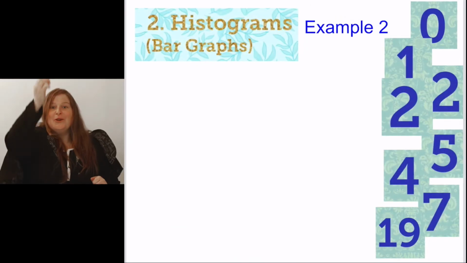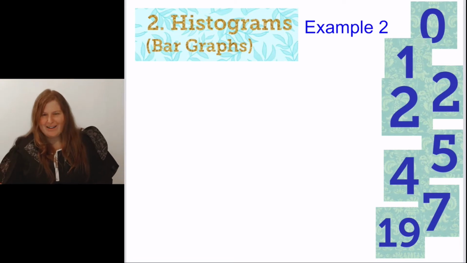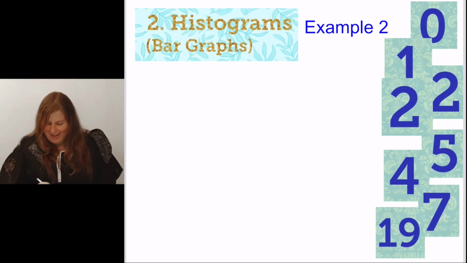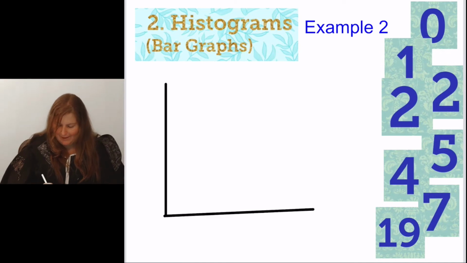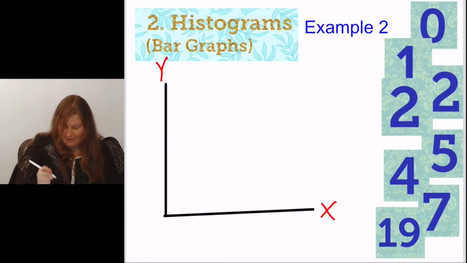Osseo students, welcome back. Let's check our work. Again, I'm going to make some lines to represent the x and y axis. I'm going to label the x and y axis. I remember that y is to the sky.